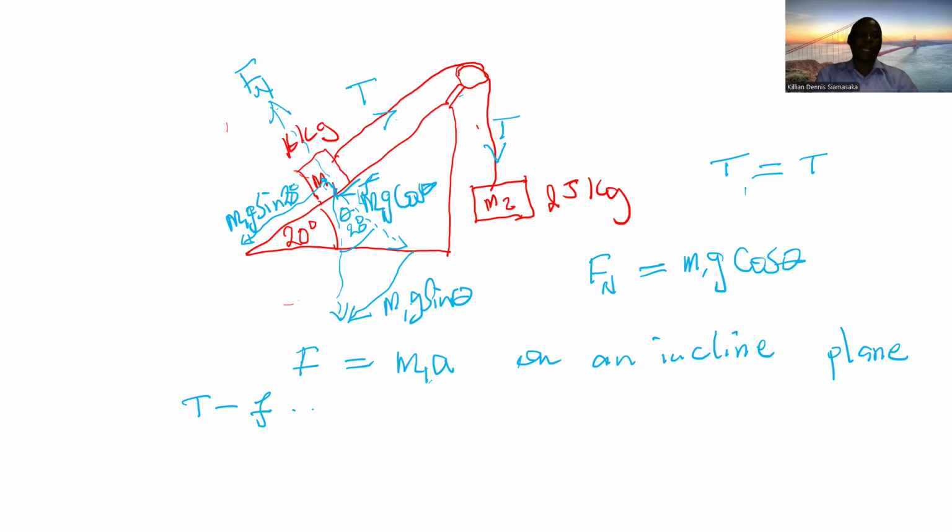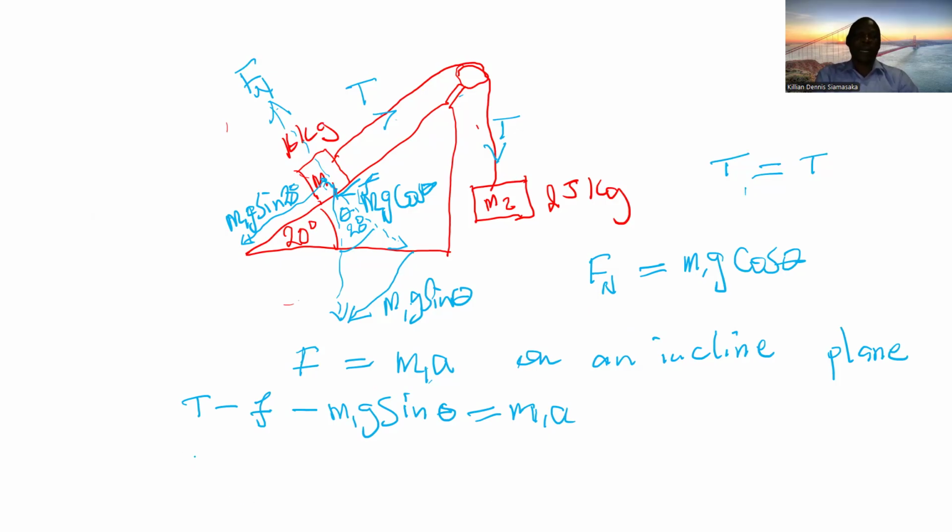Also, we have another force, which is m1 g sine theta, also in the opposite direction from the tension or from the movement of the object. And therefore, we can say this is equal to mass 1 multiplied by acceleration.